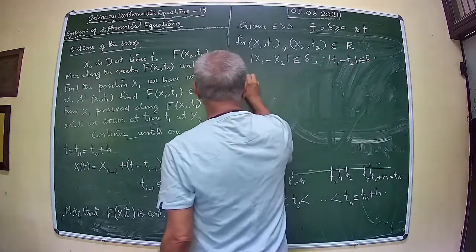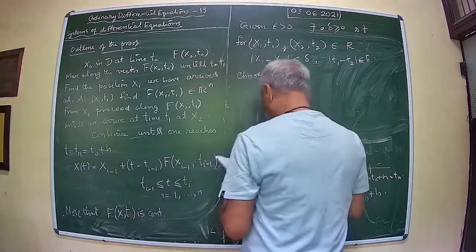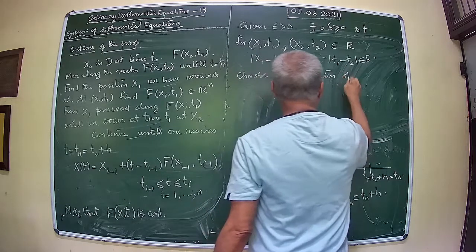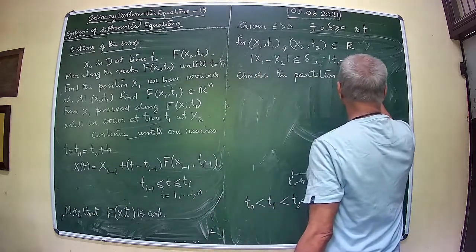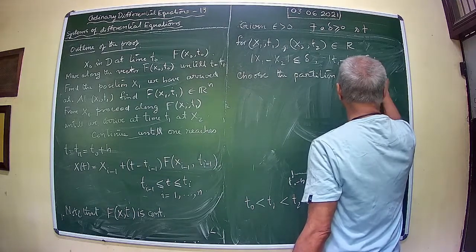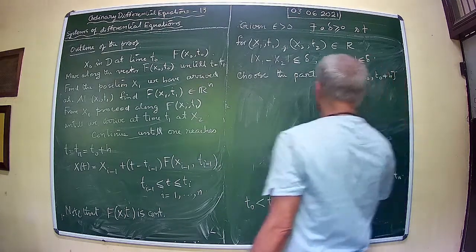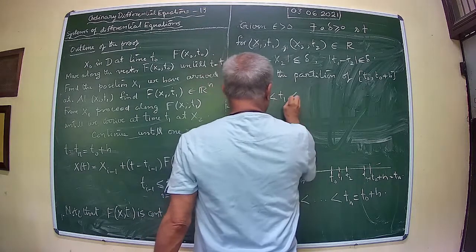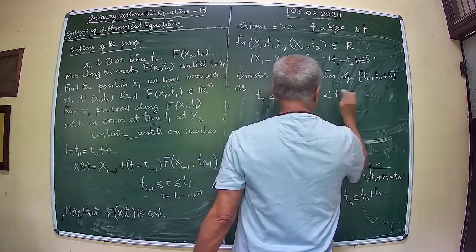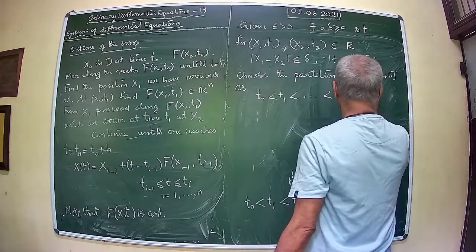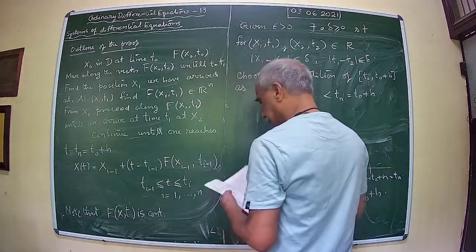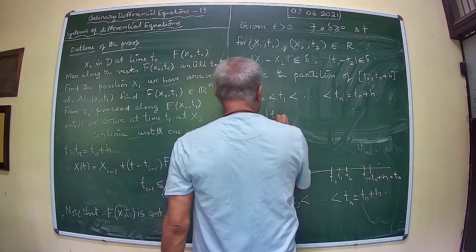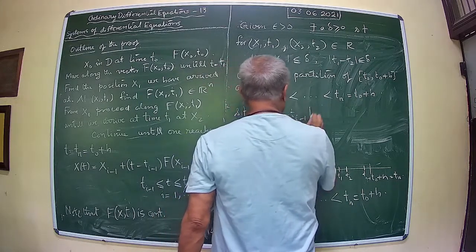Now choose the partition of t0 to t0 plus h as follows, such that the absolute value of t i minus t i minus 1 is less than delta.